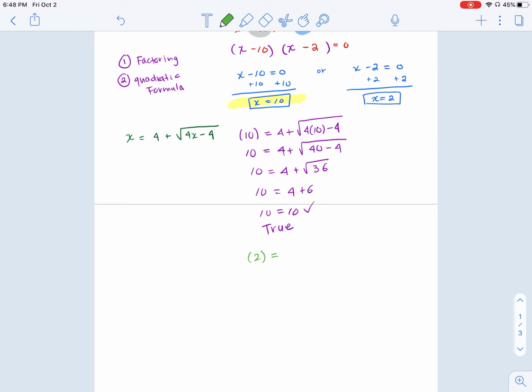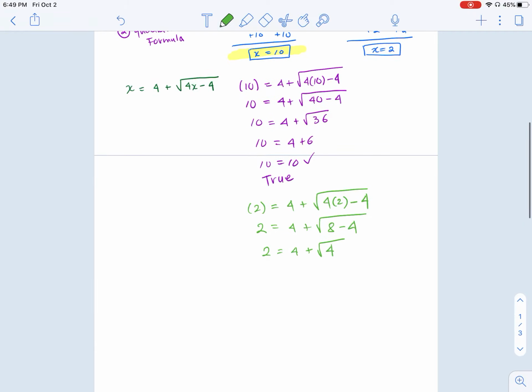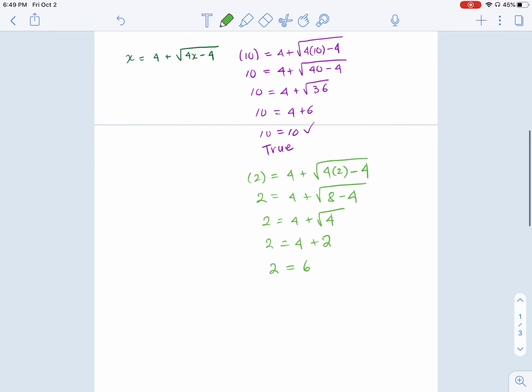So it's 2 is equal to 4 plus square root of 4 times 2 minus 4. 2 is equal to 4 plus square root of 8 minus 4. 2 is equal to 4 plus square root of 4. 2 is equal to 4 plus 2. 2 is equal to 6. Well, 2 is not equal to 6, right? So this is false.